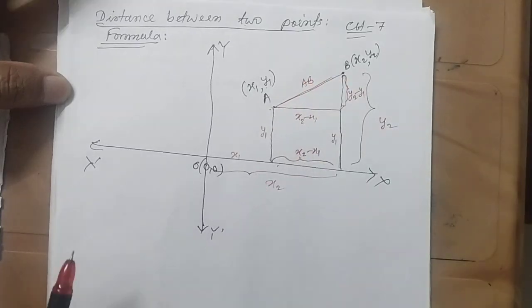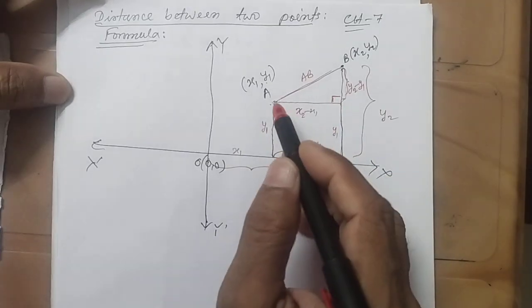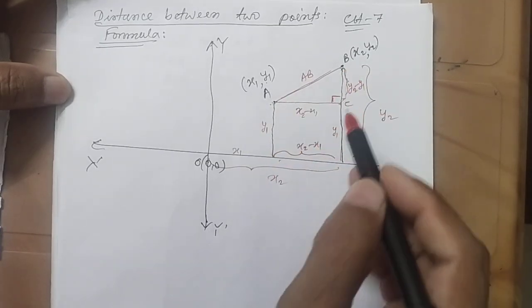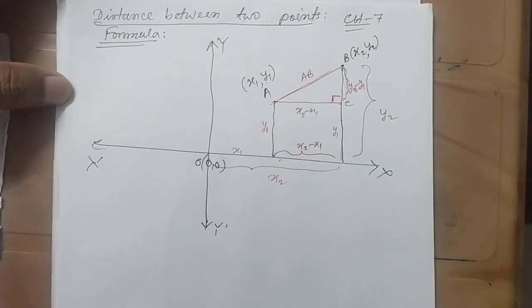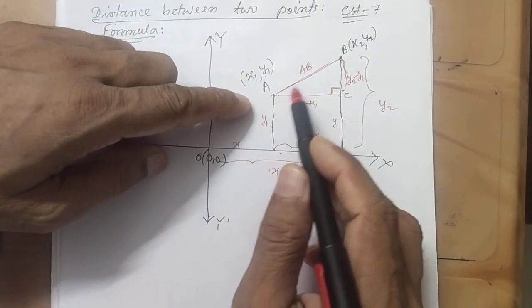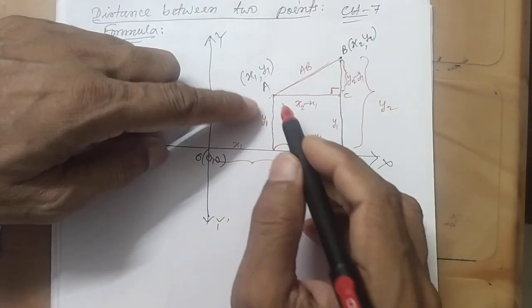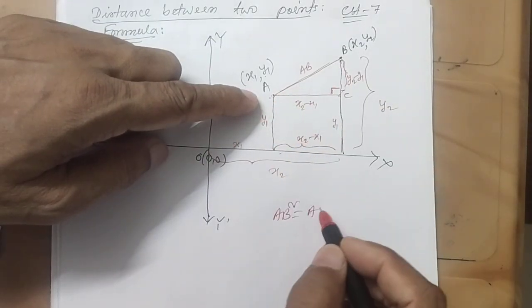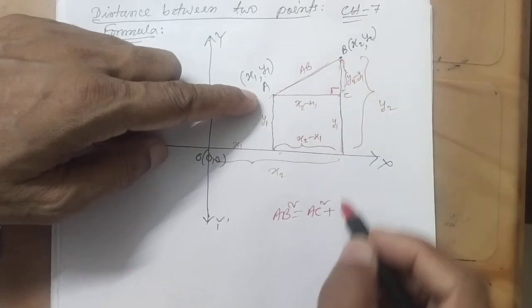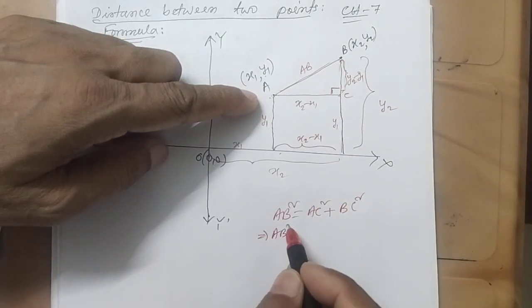We are going to find the distance AB, and in this triangle, which is a right angle triangle, with A, B and C marked, we can apply the Pythagoras theorem. By the Pythagoras theorem, AB squared will be AC squared plus BC squared. AB squared we don't know, we have to find it.